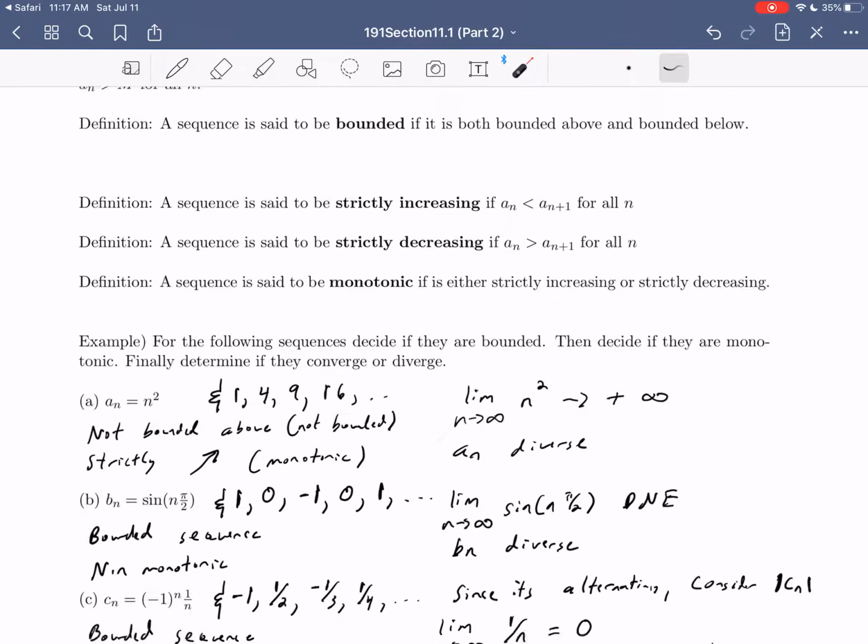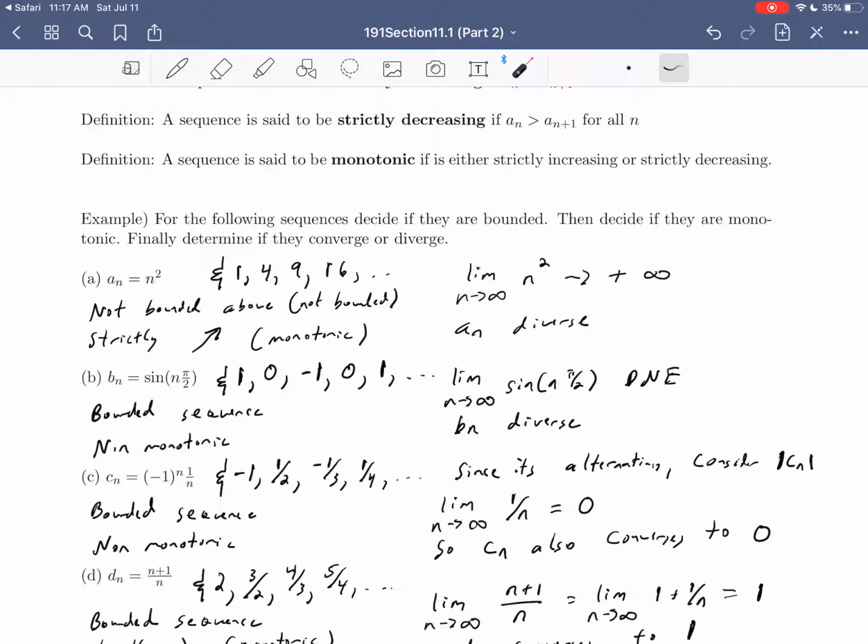As we saw in situations back here, here was something that was not bounded and it diverged. Here was something that was non-monotonic and it diverged. But here was something that was non-monotonic and converged. So if you don't have both of these properties, unfortunately this theorem gives you no information and you just have to analyze it manually like we were doing.